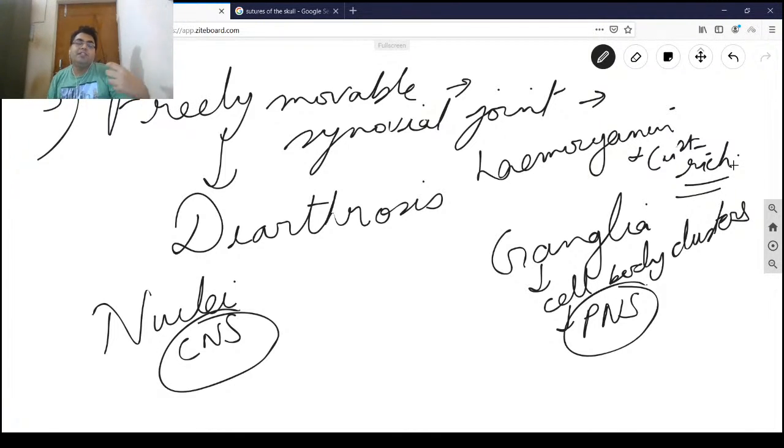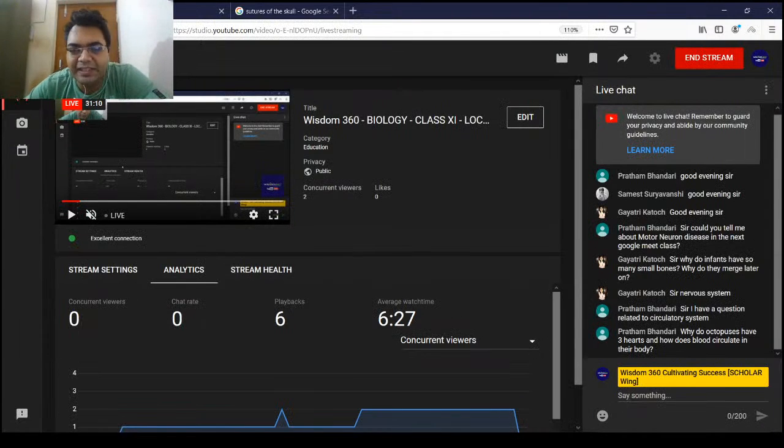They are not evolutionarily so advanced that they have one proper heart able to pump blood throughout the body. So different ganglia control different muscles. It happens in humans also, but in octopuses you can see the events much more discernibly.